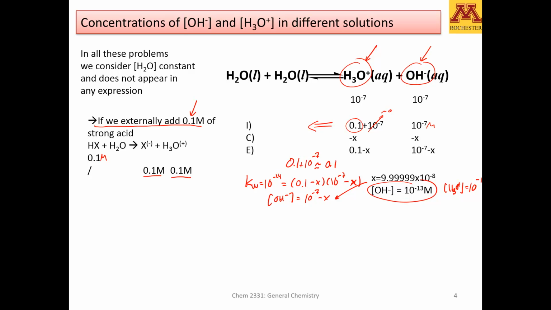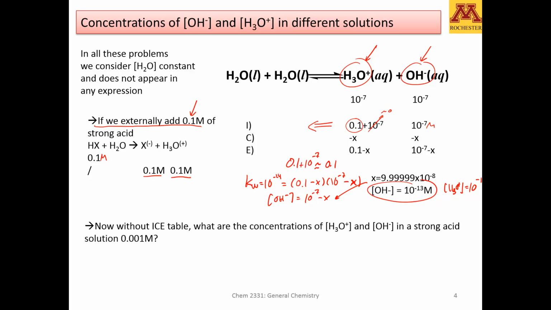There is a much faster way to do all that if we do not spend any time considering the initial concentrations. So let's do it very fast without building the ice table. How can we simplify this? Without an ice table, what are the concentrations of hydronium and hydroxide in a strong acid solution of this?